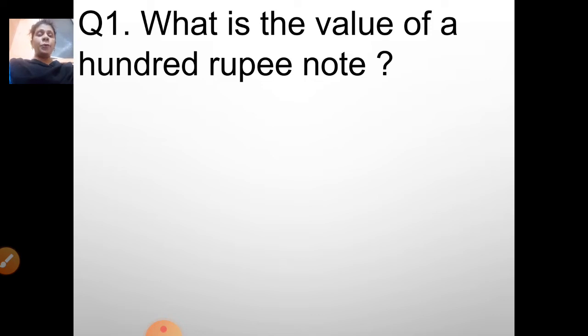If you are having a 100 rupee note in your hand, what will be the value of that note? Tell me the answer, children. Think and tell me. Yes, rupees 100, because it is a 100 rupee note. So the value will be rupees 100.